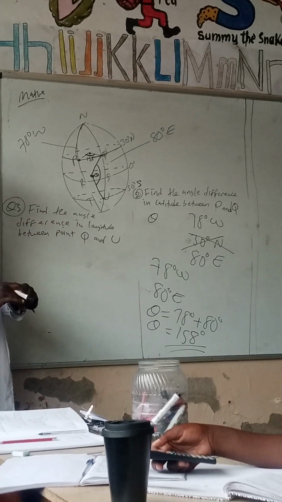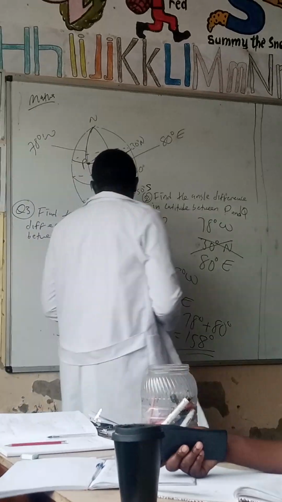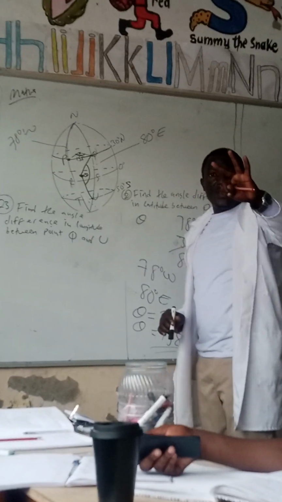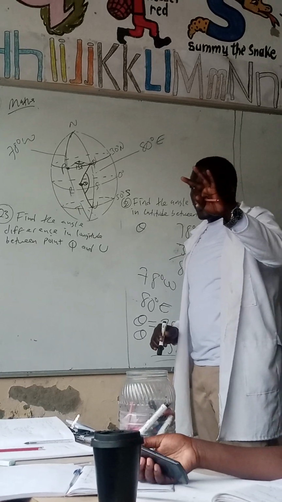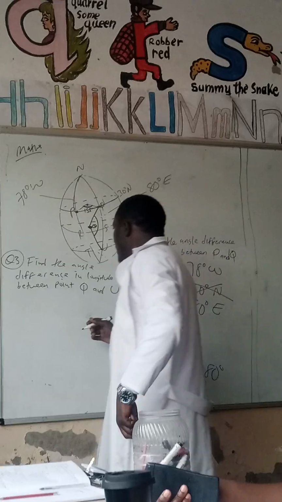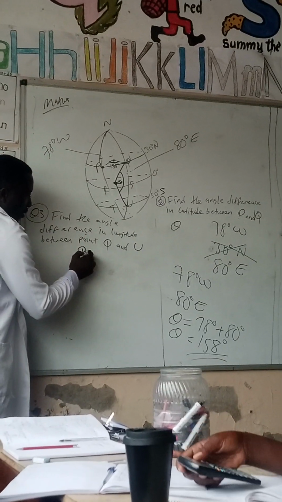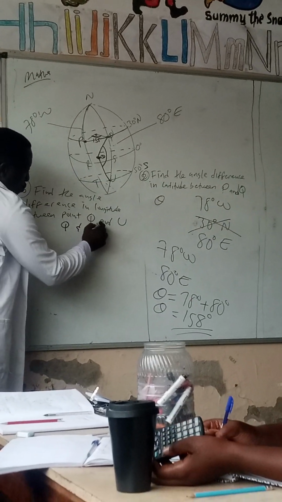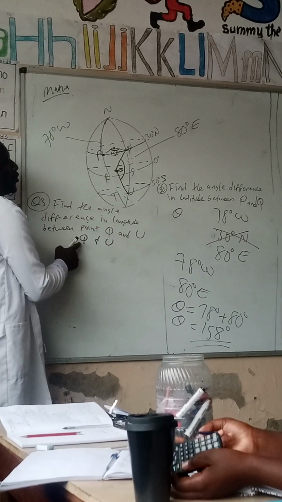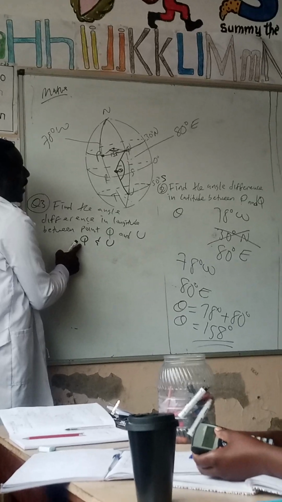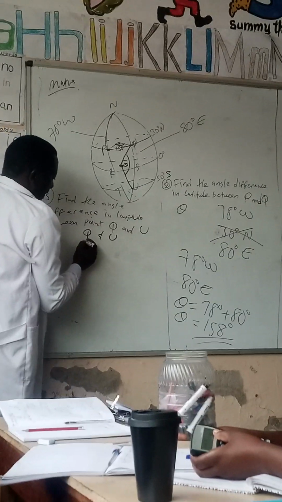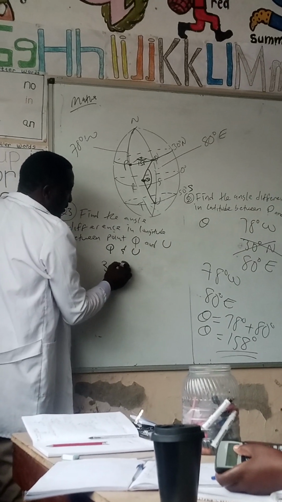But for the sake of understanding, let's identify how many angles? 3 angles. Let's identify them. The angles that are connecting Q and U. Q is, I can see 30 degrees north.